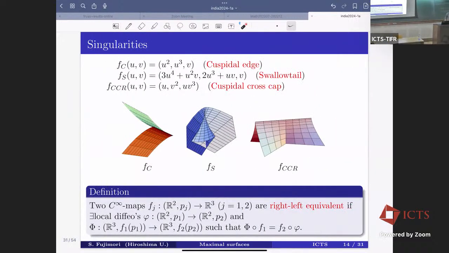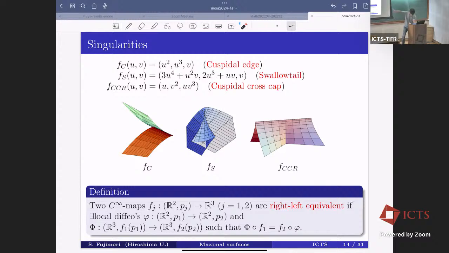So also the singularities are investigated. Since we assumed some singularities, we have singularities.